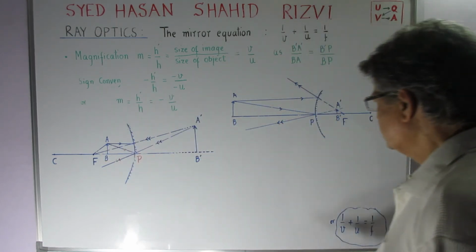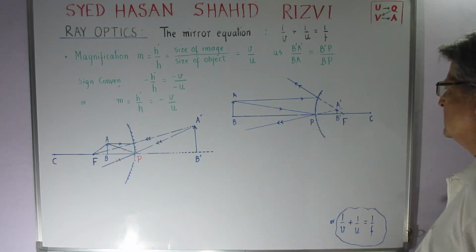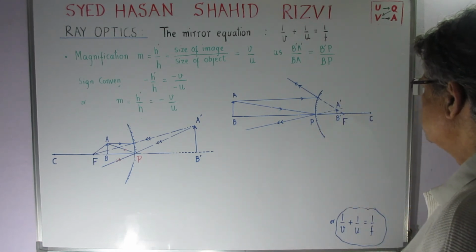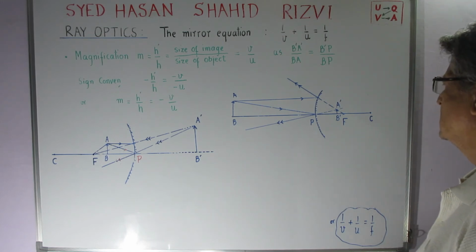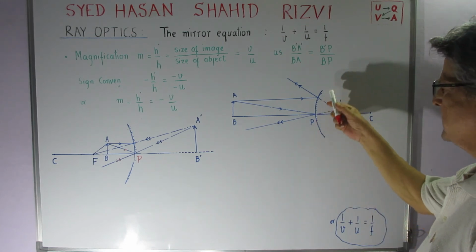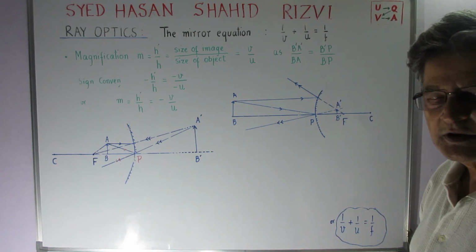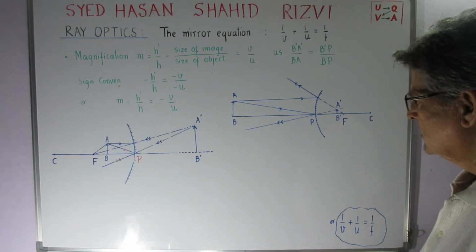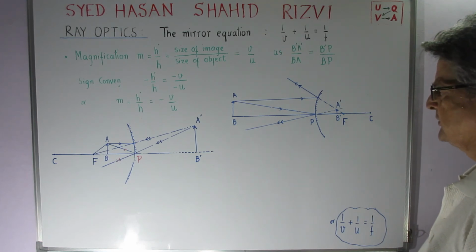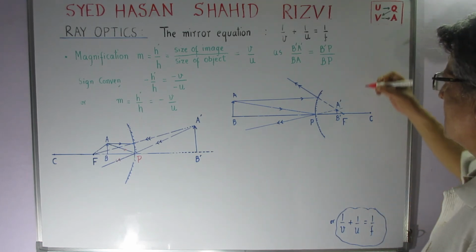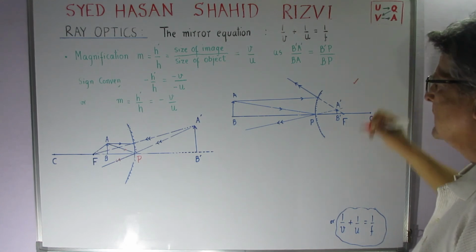But in this case of this mirror, the image size becomes smaller. So this is the kind of mirror that we have in the rear view glass of the automobiles.